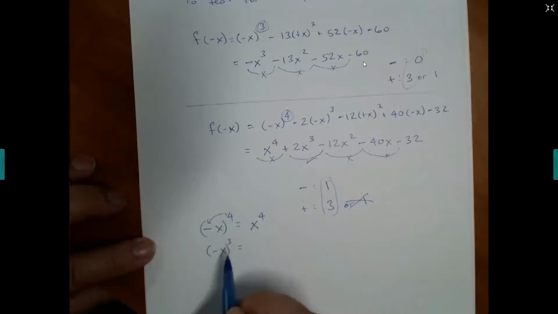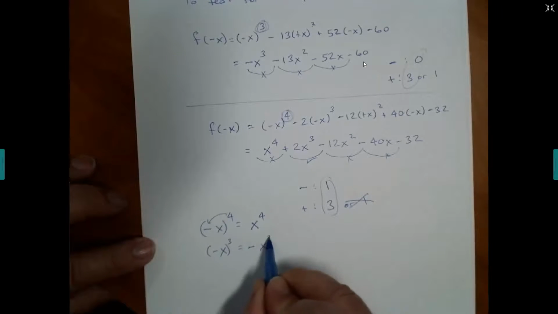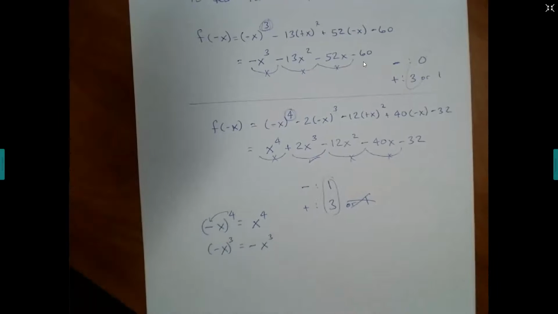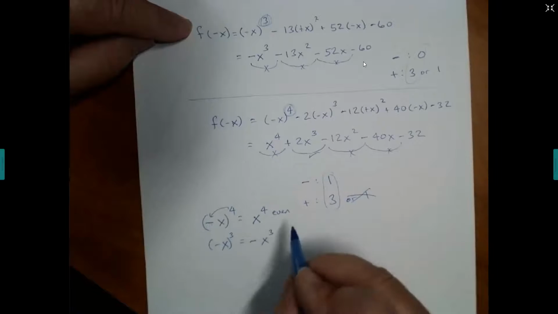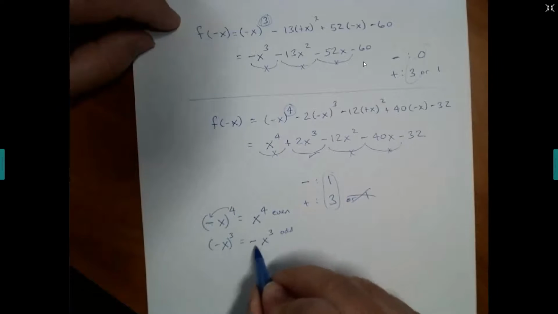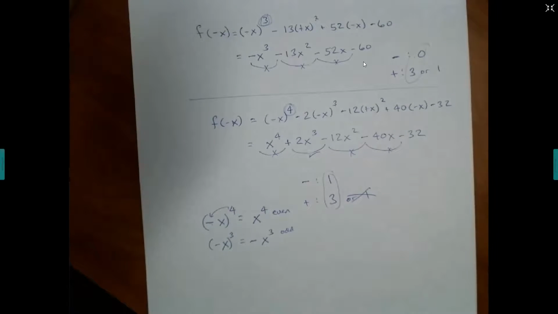If it's odd, then it remains a negative. So if it's even, the negative sign disappears. If it's odd, the negative sign stays in front. So now we've gone as far as we can to make things easier for us. The rest now is up to you.